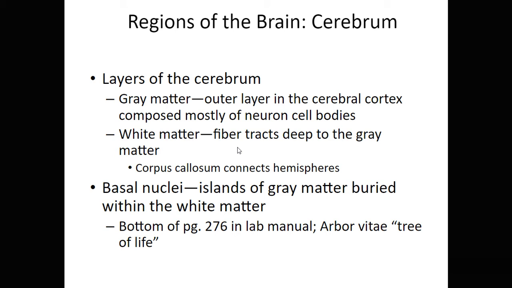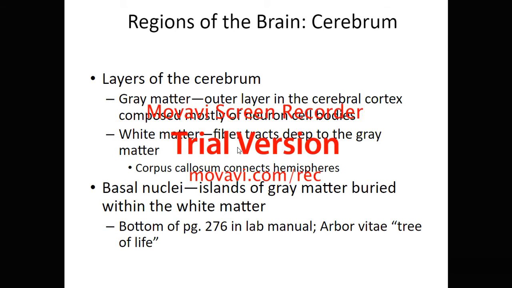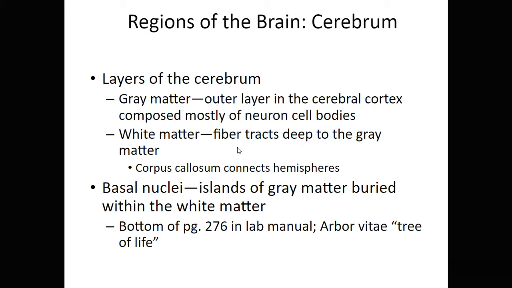So the way the cerebrum is arranged, the gray matter is the outer layer, where the cell bodies are housed, and then deep into the cerebral cortex, you have the white matter, and you find fiber tracts.